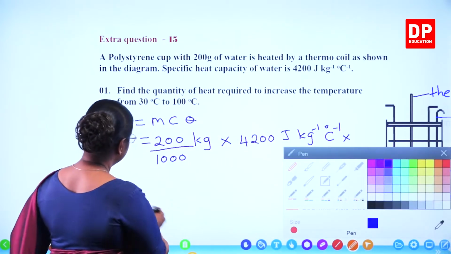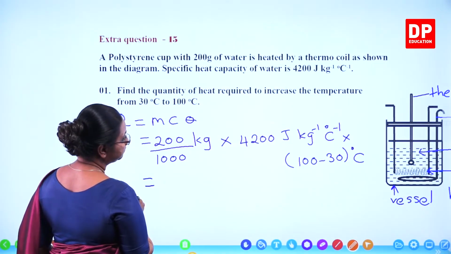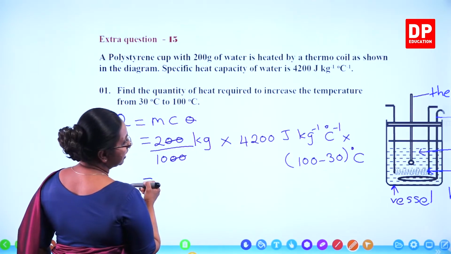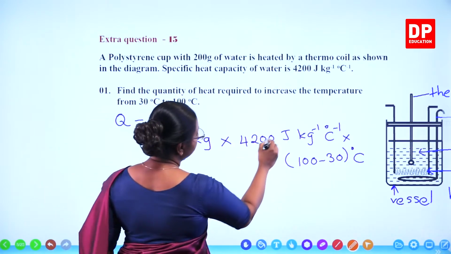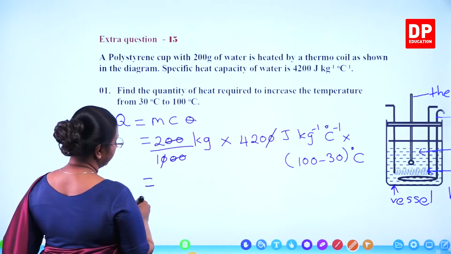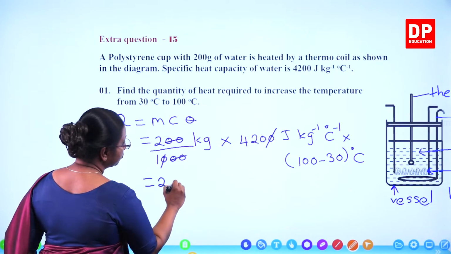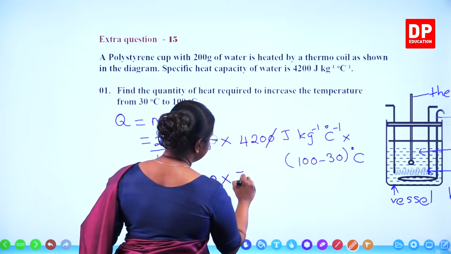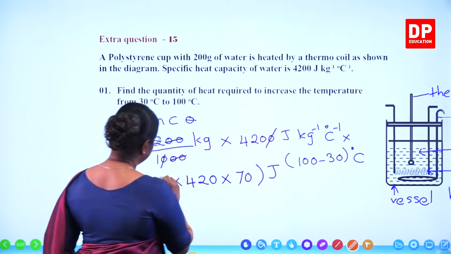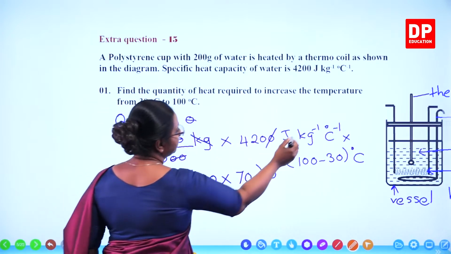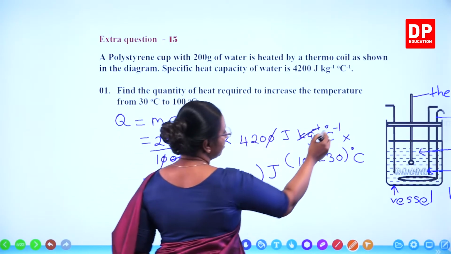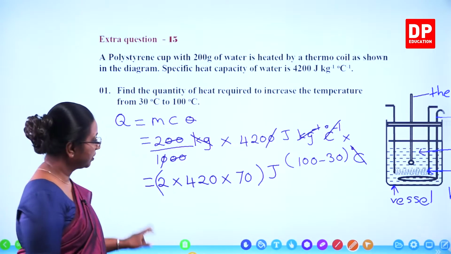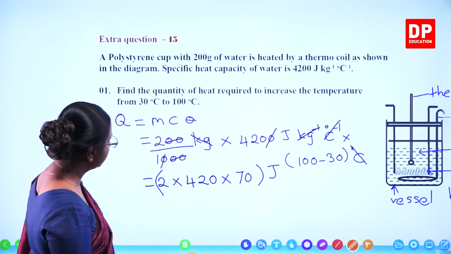If we do the calculation there, you all can see the 200 zeros can be cancelled off. Here again 0, and I can cancel off this 0. So we will get the values as 2 into 420 into 100 minus 30, 70. That is going to be in joules per kilogram per degree Celsius; kilogram minus 1 cancels off, degree Celsius minus 1 cancels off. So you get the value in joules.